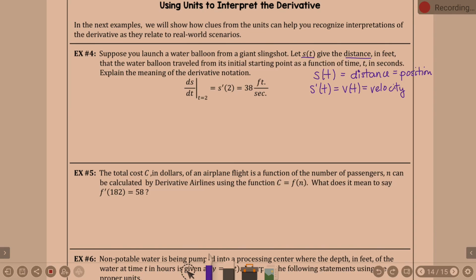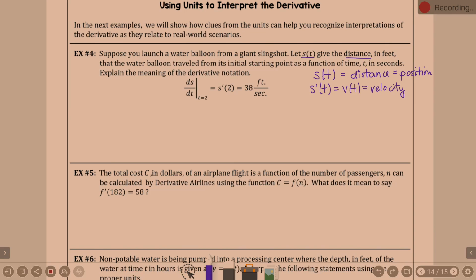Two seconds. Where t equals 2. It's traveling at a velocity of 38. Okay, what is it? What's traveling? Reread this prompt, right? So when t equals 2 seconds, the water balloon is moving. Now, did you say velocity or speed? Okay, velocity.